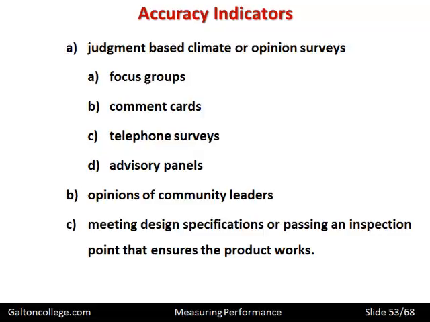Meeting design specifications or passing an inspection point that ensures the product works. Well, that's accurate. If objectively the business successfully designs a product and it passes an inspection point and it's acceptable for health and safety and production and so on, it's feasible, then you could say that that process was accurate.